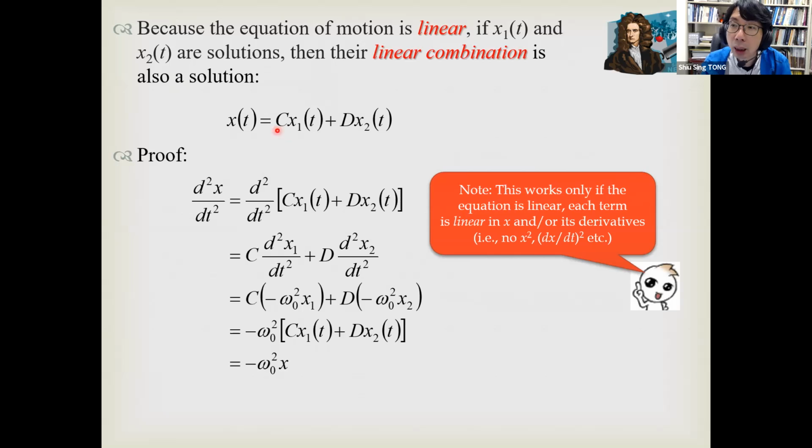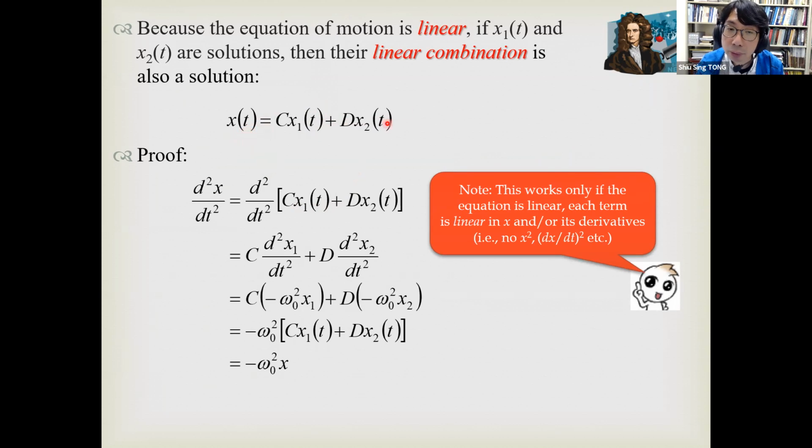We use a constant c multiplied by x1 and another constant d multiplied by x2, and we sum the two solutions up. We call this the general solution x.